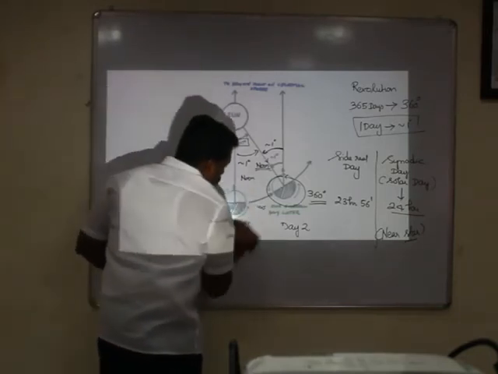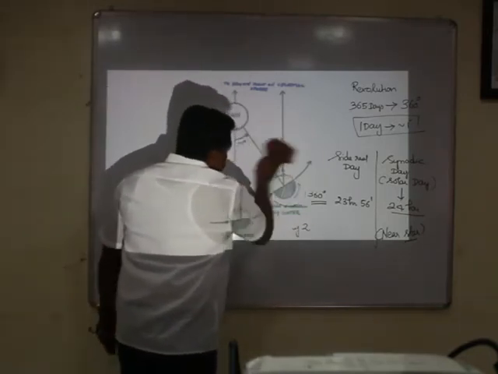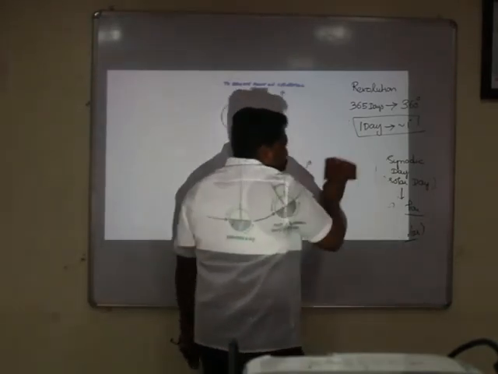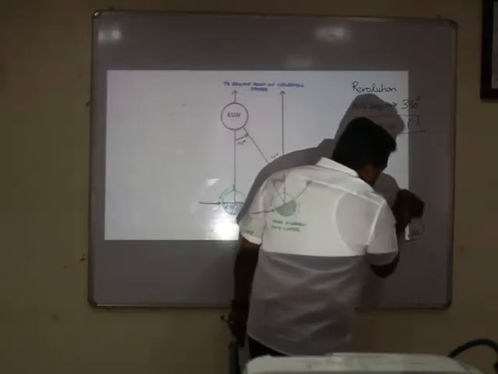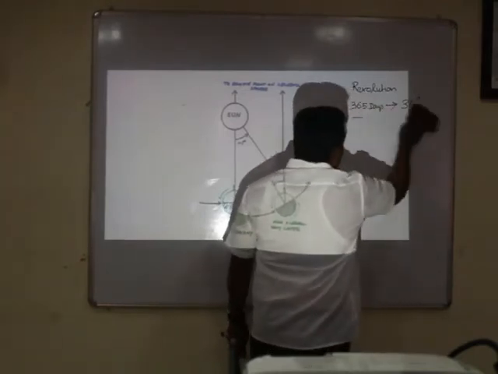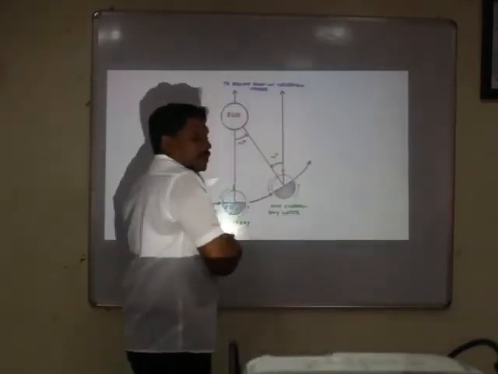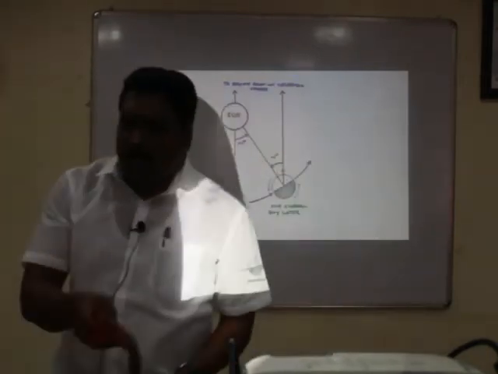Right. So now we know that there are two types of days. And after this topic, we will never talk about the sidereal day. In future topics, the only day we will take for reference is the synodic day or solar day.